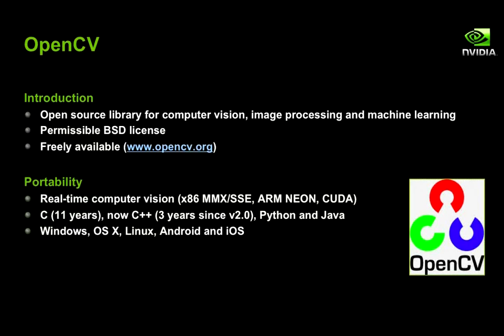For 11 years, the main API for OpenCV was in C. In the past 3 years, it's been ported to C++, and it's also an expanded API. There also exist Python and Java bindings for it. It runs on the Windows operating system, OS X, Linux for desktop, and for mobile it runs on Android and iOS, and also recently Linux on ARM.